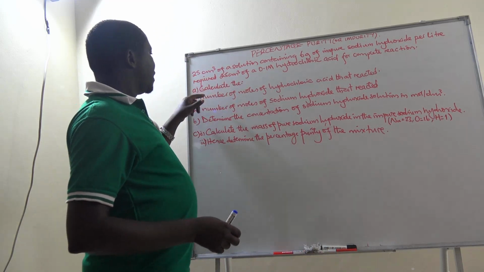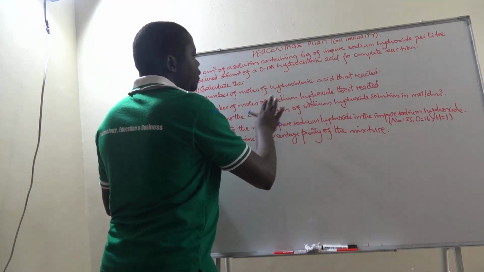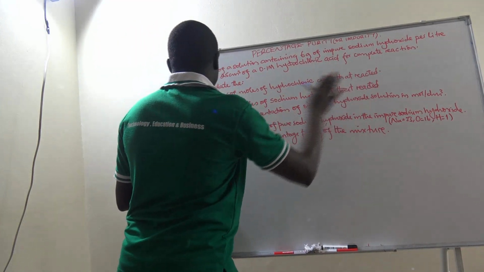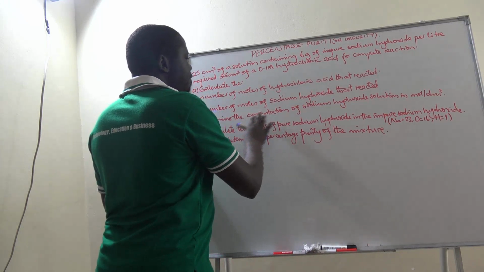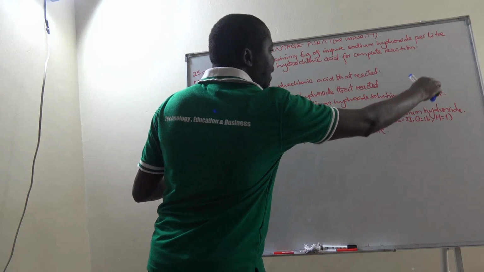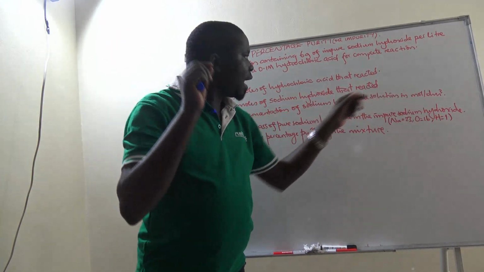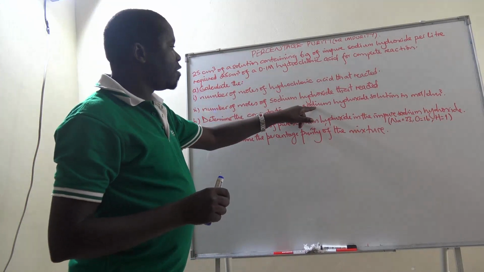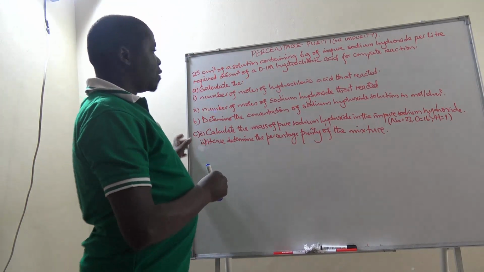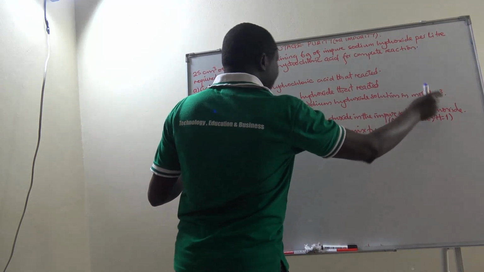Calculate the number of moles of hydrochloric acid that reacted, number of moles of sodium hydroxide that reacted. Then determine the concentration of sodium hydroxide solution in moles per cubic decimeters. And what could this be? This is the molarity of the sodium hydroxide solution. Concentration in moles per cubic decimeters or moles per liter.